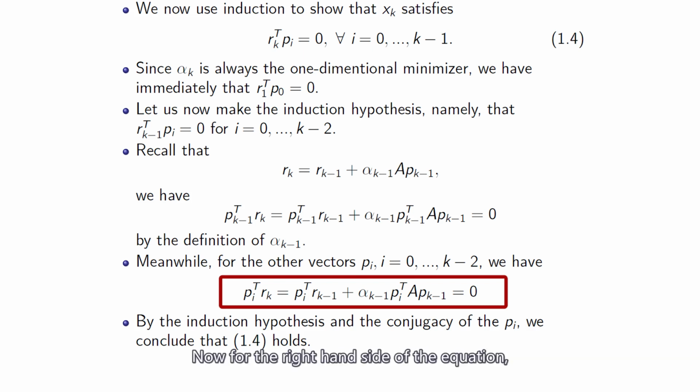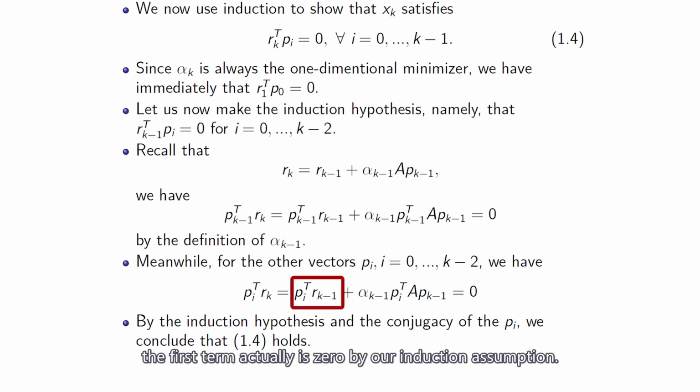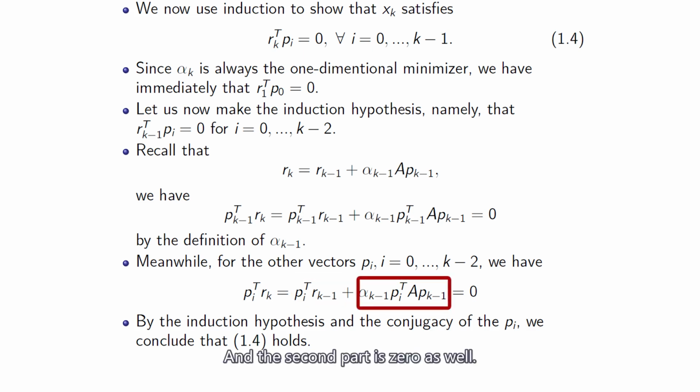Now for the right-hand side of the equation, the first term is 0 by our induction assumption, okay? Recall that we assume for k minus 1 we got this orthogonality condition, right? So this part is 0. And the second part is also 0, because we assume the conjugacy of pi. Therefore the second part is 0 as well.